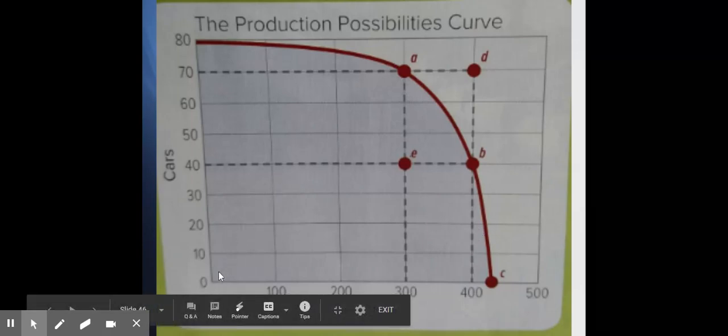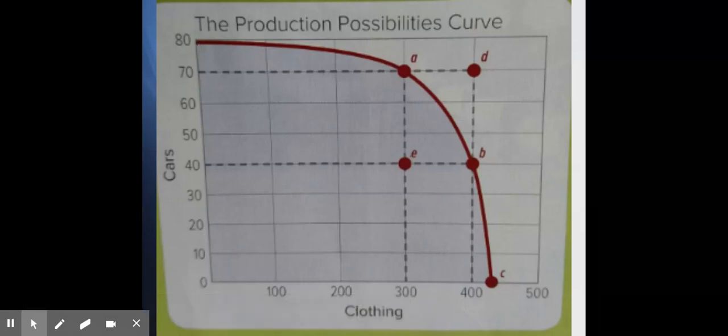So let's say we make 0 items of clothing. That's the x-axis, so 0 on the x-axis. We can be up here at 80 cars on the y-axis. Now, as we make more items of clothing, to 100, and then to 200, and then to 300, as we use our resources to make more clothing, we are going to decrease on our y-axis, which is our cars.